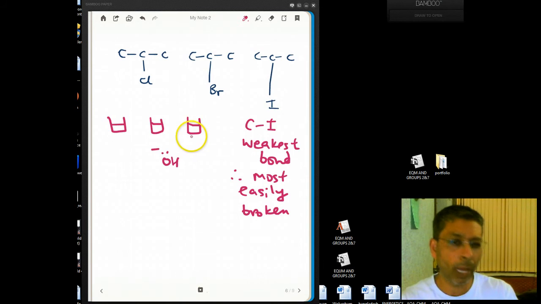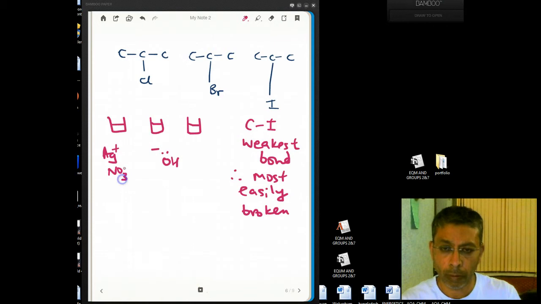Now you might say, well, how can you tell? Well, inside your beaker you would have silver nitrate solution.